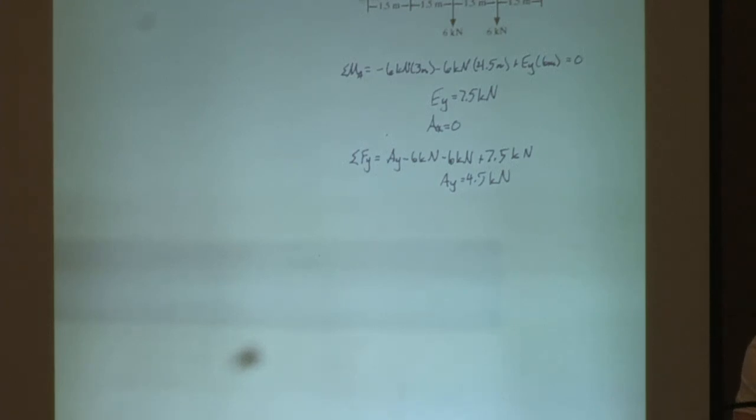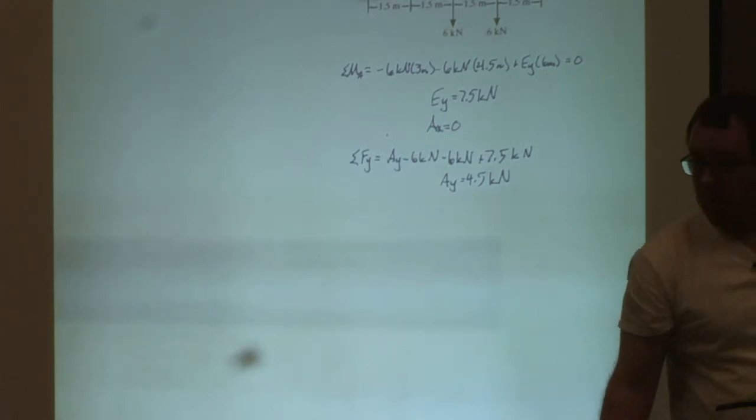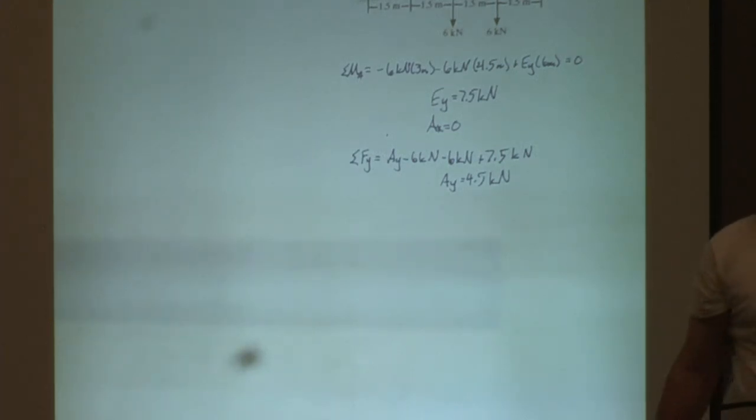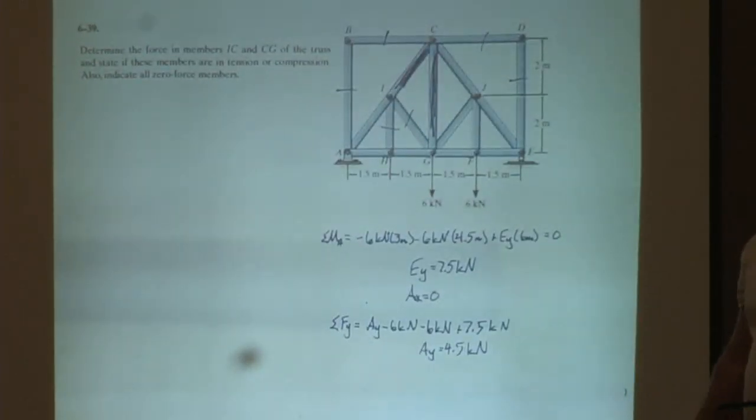Could we section it off? Or are there too many unknowns? Could you do sections, or do you have to do joints? Can we do sections, or do we have to do joints?